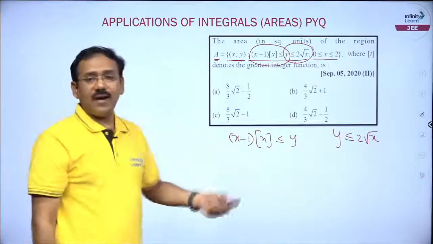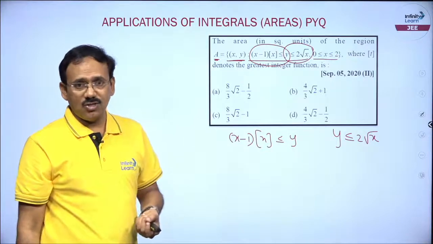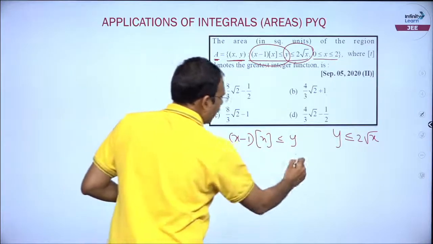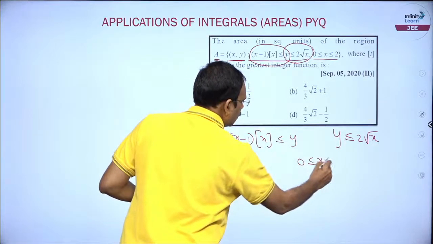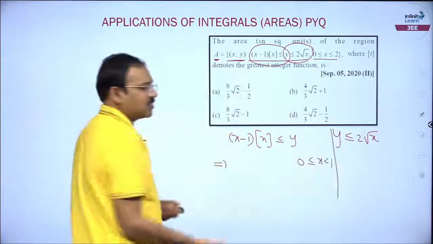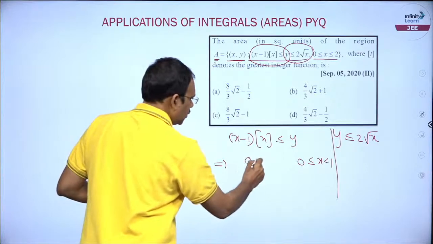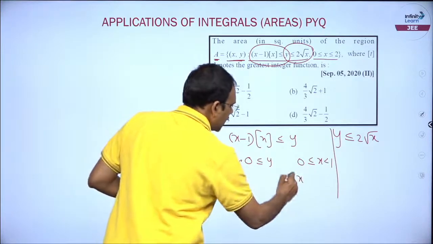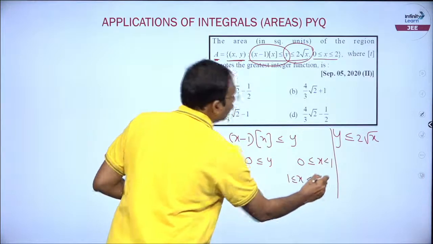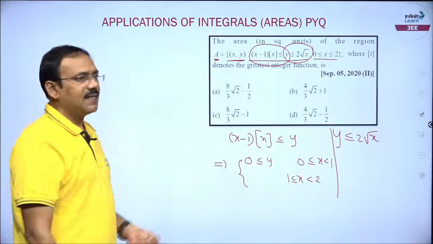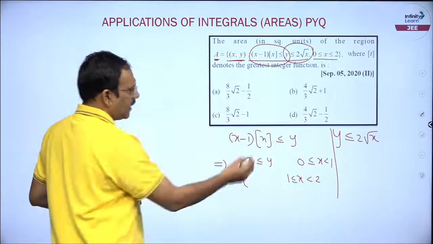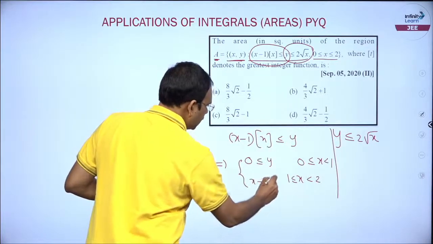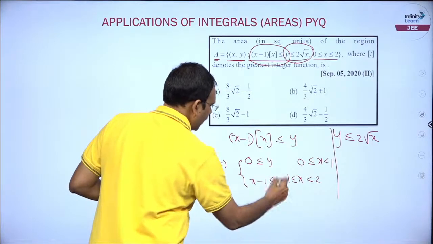So step x varies at every integer. You can simplify it as, if x is taken between 0 to 1, in that situation step x is 0, so 0 less than or equal to y will come. If x is taken between 1 to 2, step x will become 1, so x minus 1 less than or equal to y you will get, friends.